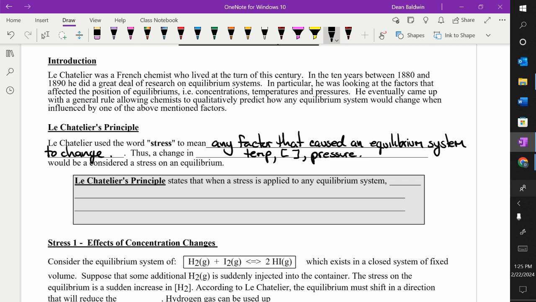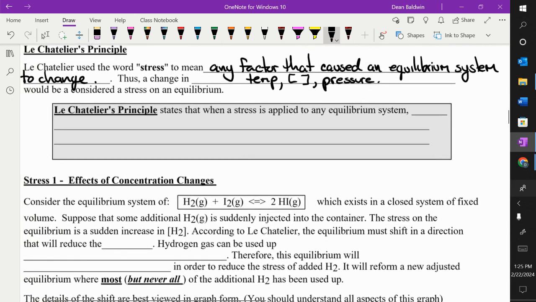So, what exactly did he say? I don't know if this is exactly what he says, but it's a paraphrase. If you stress a system that is in equilibrium, it will readjust in the direction that counteracts or minimizes the stress.